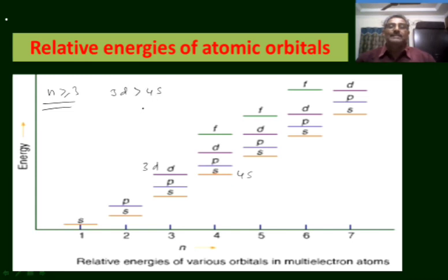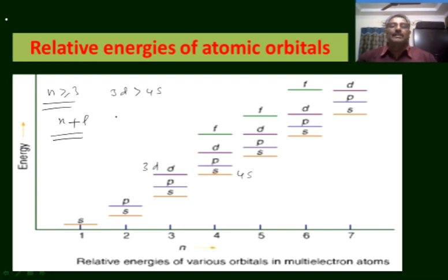But actually, you know that when the principal quantum number increases, the energy of the orbital gradually increases. But in the case of sub-energy levels, the n value alone cannot decide the energy of the orbital. The energy of an orbital depends upon both n and l values; the n plus l value decides the energy of an orbital.